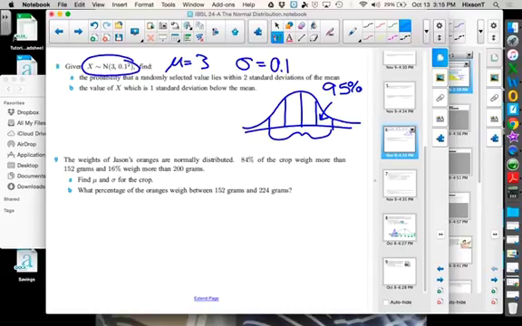So if the mean is at 3, then 1 standard deviation below is 3 minus 0.1, so 2.9. Okay? All right.